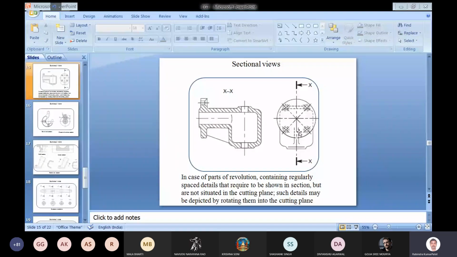Although our rule is that we should show the section lines in this location because the cutting plane is passing through it, due to being a thin part, we cannot hatch it, because the convention is like that. Thin parts are not hatched even if the cutting plane is passing through them. So here the thin part is shown unsectioned. Here you can see the thickness of the part is thin.